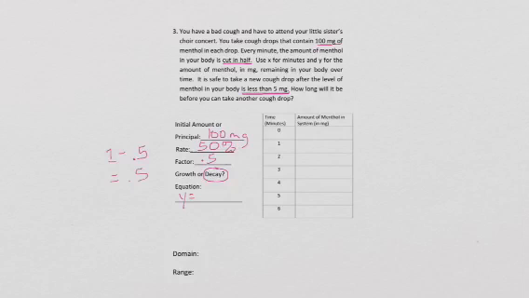Your equation would look like this then. Y is equal to 100 times 0.5 raised to the power of x. So the amount of menthol in the system when you begin is 100 milligrams. If it decays at a rate of 50% per minute, then after the first minute, there's going to be 50 milligrams left.